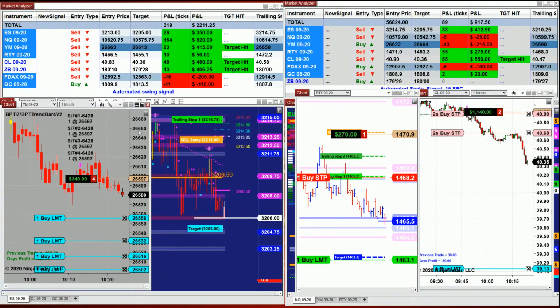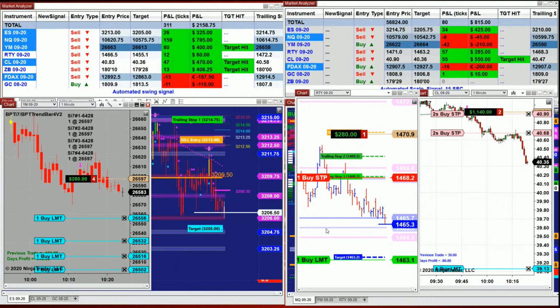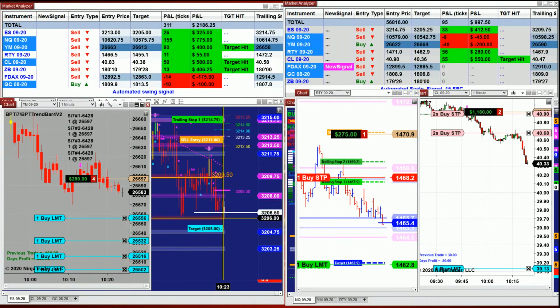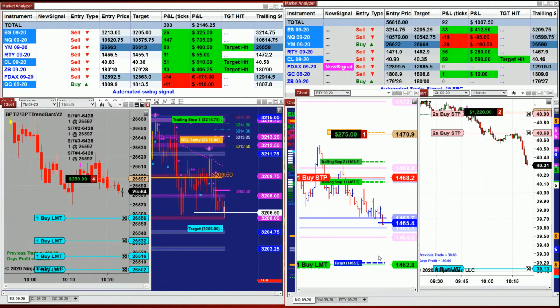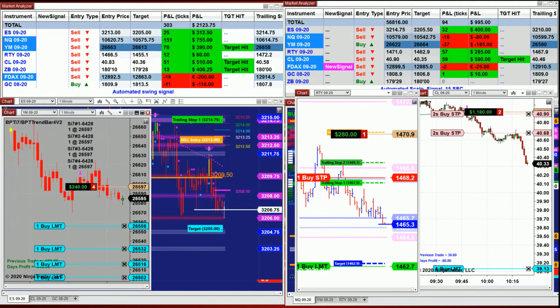So this is the number 10 template. So if the ES breaks that area here, 3206, that means we are going down on the Russell.